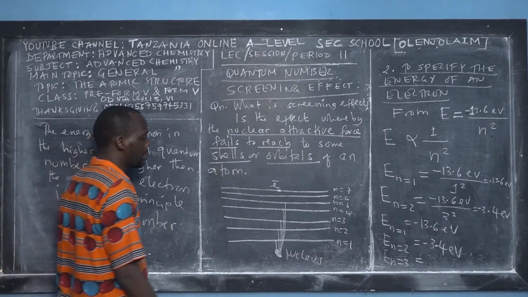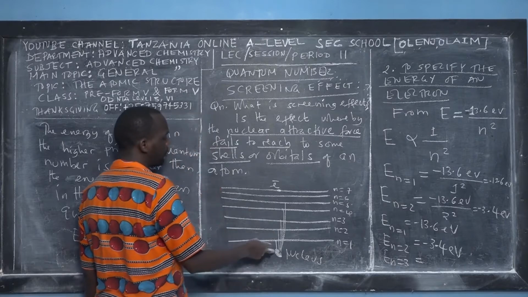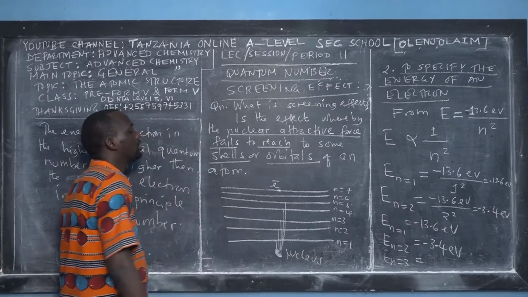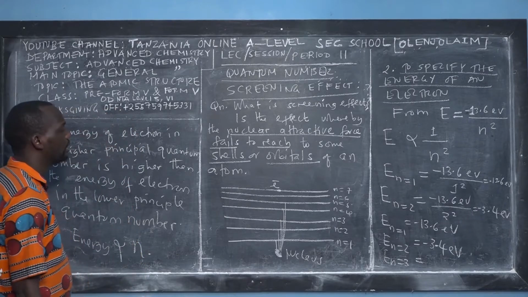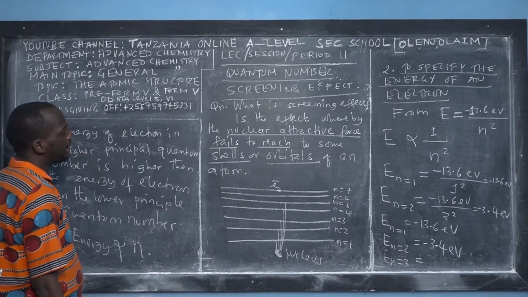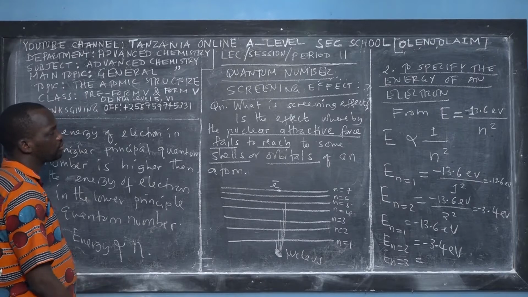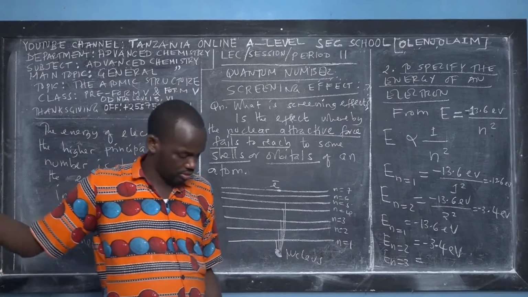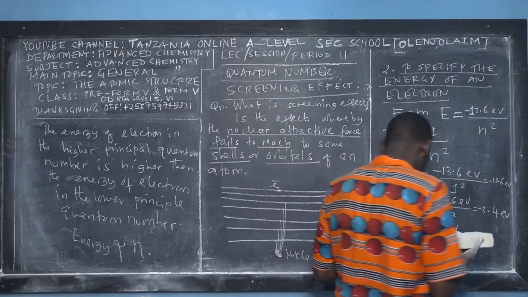So the failure of the nuclear attractive force to reach the higher energy levels or higher orbitals is the process we call screening effect in chemistry. That's what we call the screening effect.